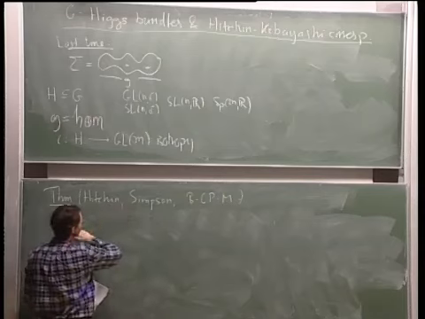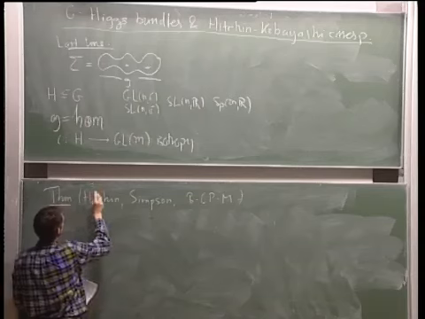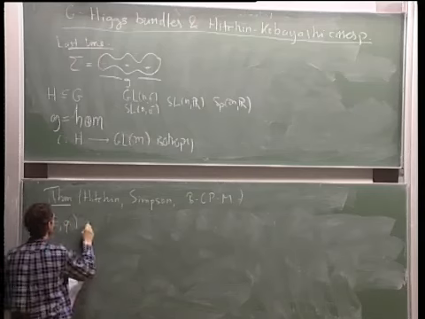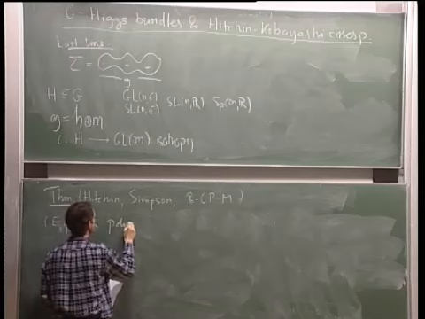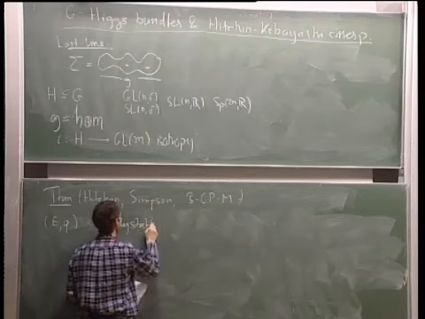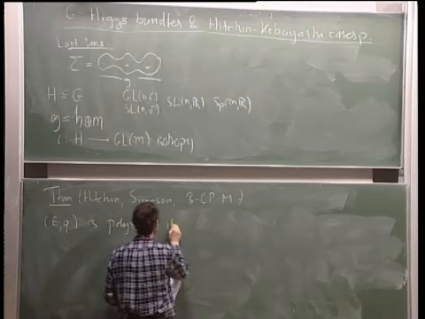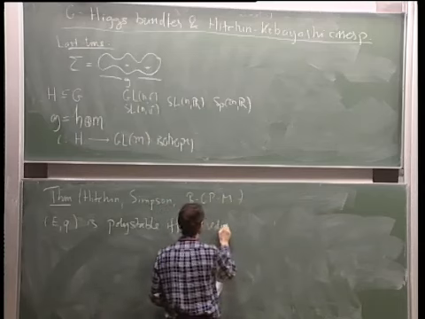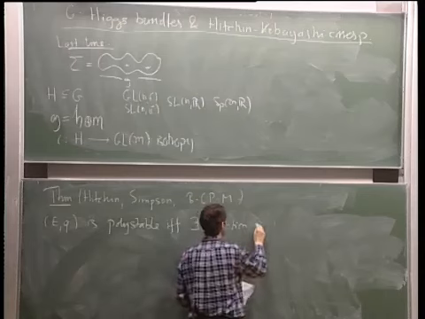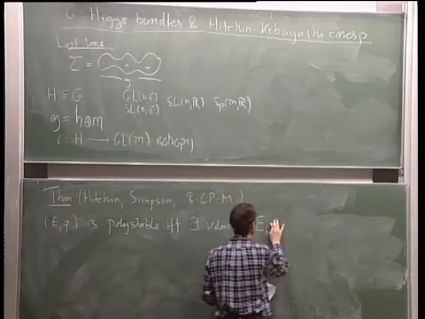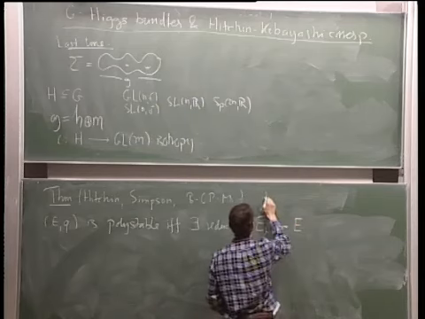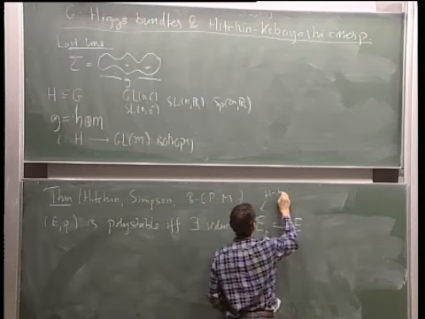So the theorem says that (E, phi) is polystable if and only if there exists a reduction to some E_H inside E, where this is an H-bundle.